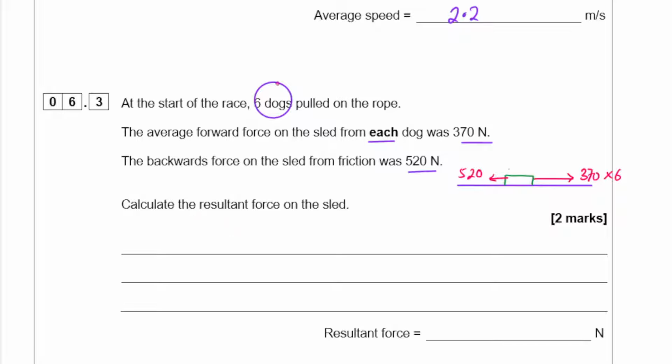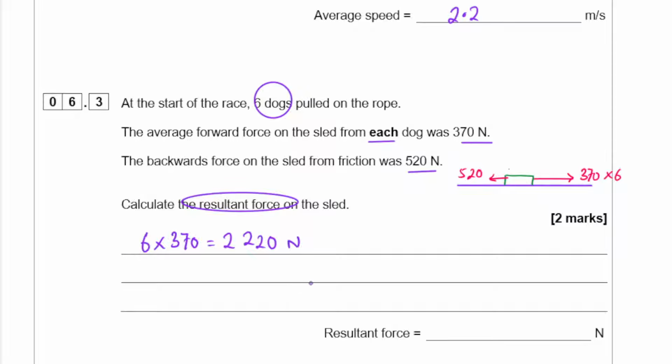The question is asking you to calculate the resultant force on the sled. So what is the overall force? First of all, you need to multiply 6 times 370 to give the total force from the 6 dogs, which is going to be, one sec, let me do the calculation, 2220 newtons.